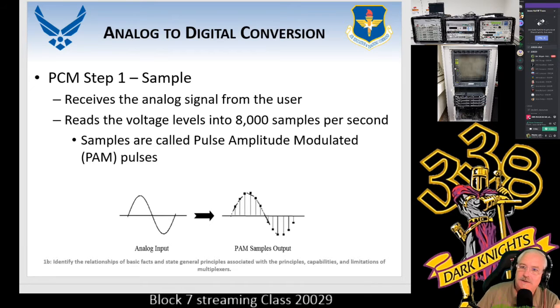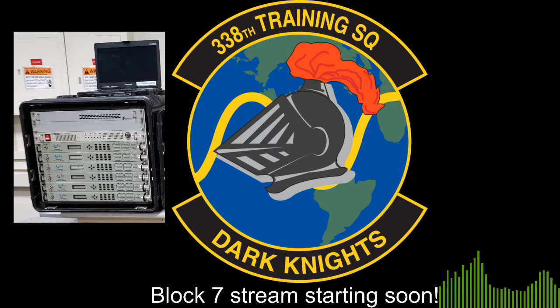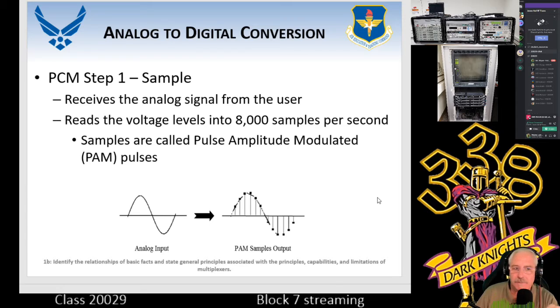So let me change over here to this one, and you can even see it better as I go up and down in the voices. Nice to have these gadgets around every now and then, right? So that is our first step, we're going to sample that analog waveform using that PAM, not Peter Pan, but PAM, as in the spray.